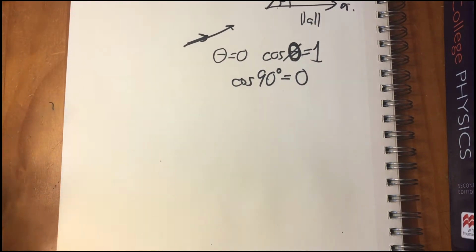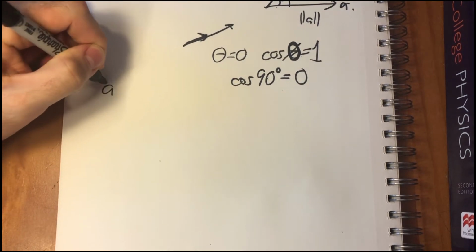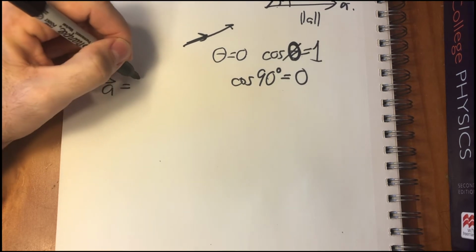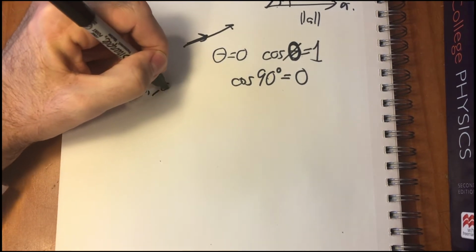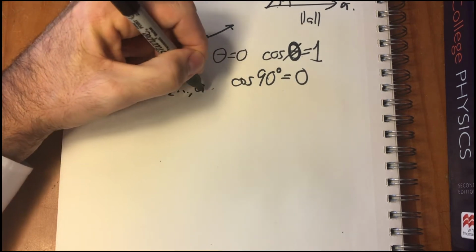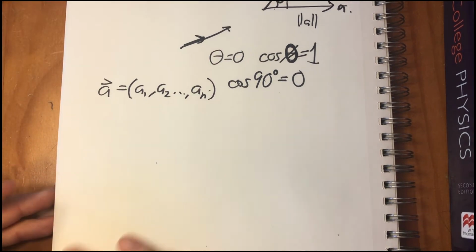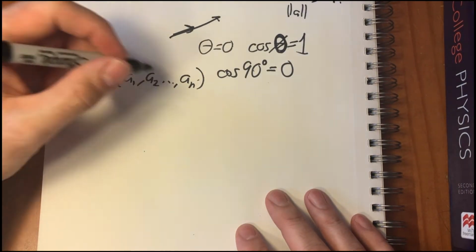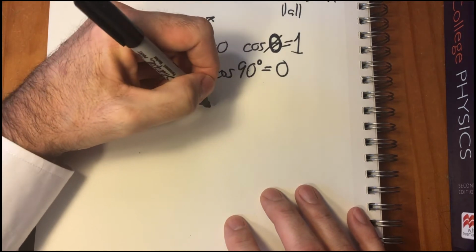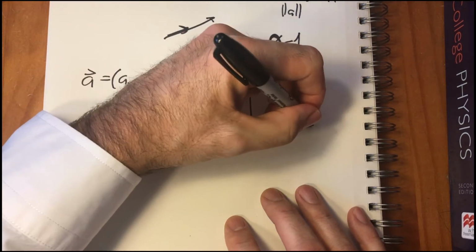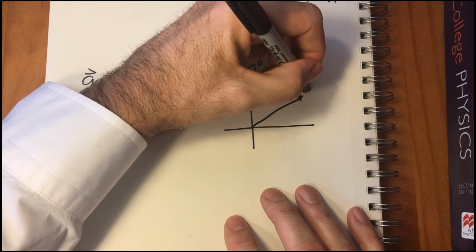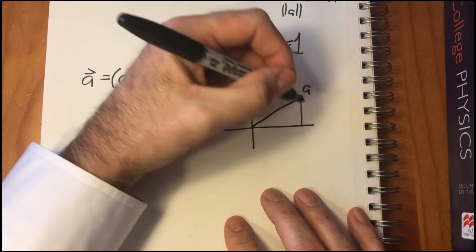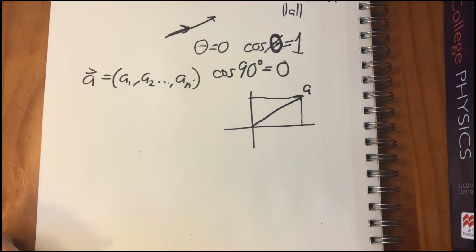So okay, first, if we have a vector A, A1, A2, dot, dot, dot, AN, then we can define, let's say I just have one that's in 2 dimensions. A goes out here. We want to know the X component and the Y component.